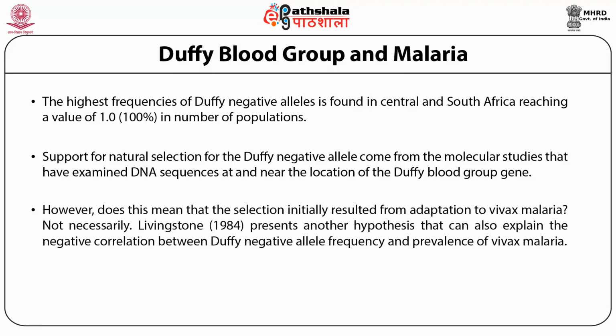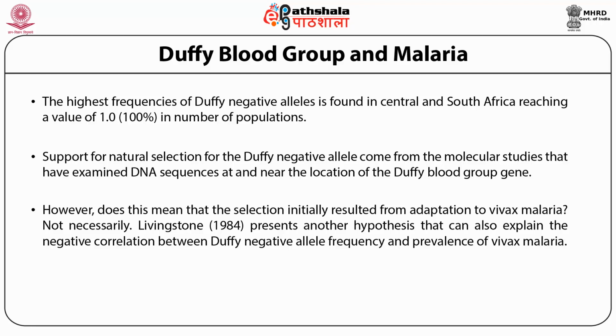However, does this mean that the selection initially resulted from adaptation to vivax malaria? The answer is not necessarily. Livingstone in 1984 presented another hypothesis that can also explain the negative correlation between Duffy negative allele frequency and prevalence of vivax malaria.